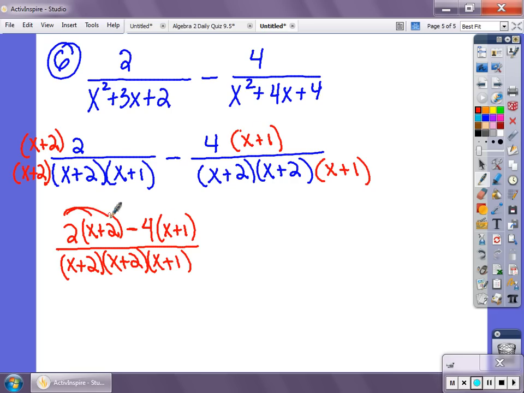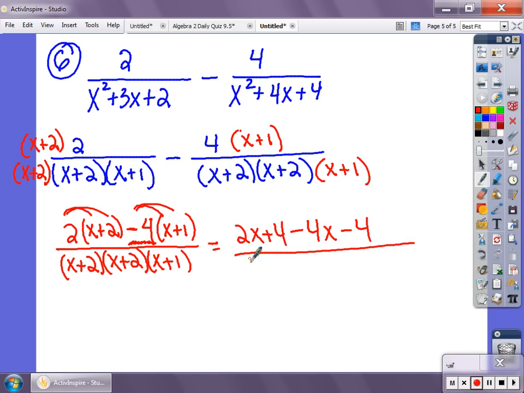We're going to distribute. So that's 2x plus 4. Don't forget that it's negative 4 that you're distributing. So it's minus 4x and then minus 4, all over x plus 2, x plus 2, x plus 1.